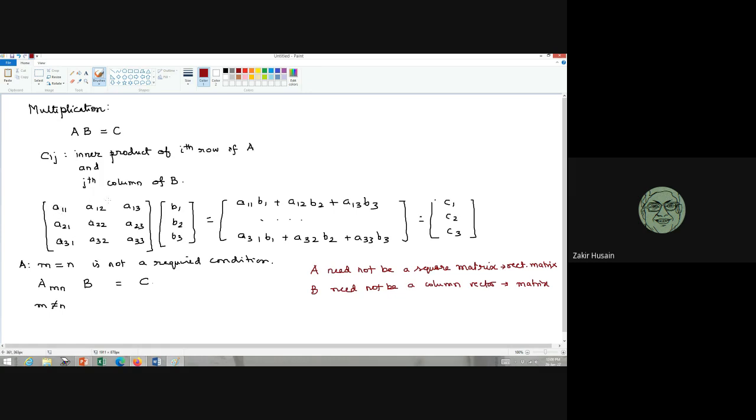See, this row has to be multiplied by this column. So how many columns are there? There are 3 columns. So after multiplying this into this into this into this, the number of columns over here must match the number of rows.